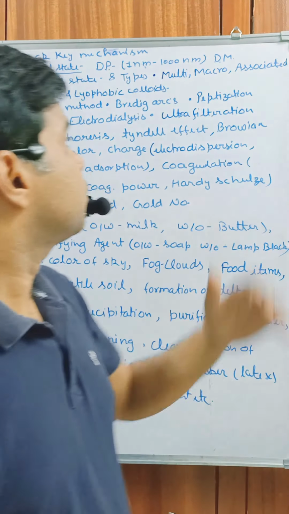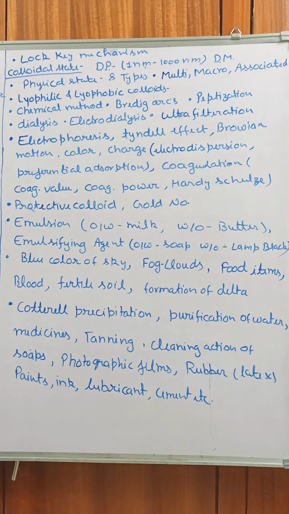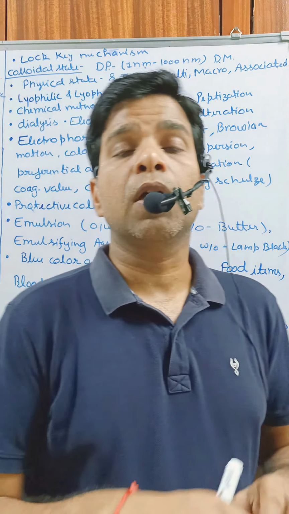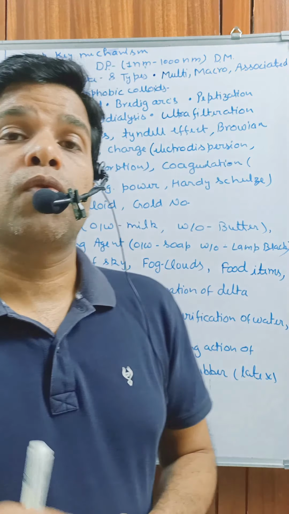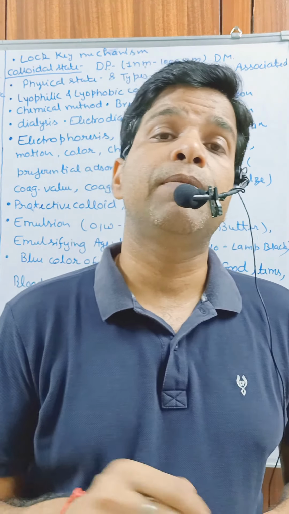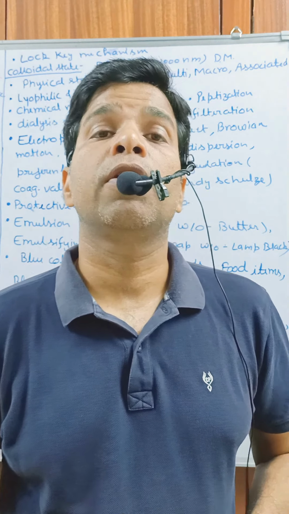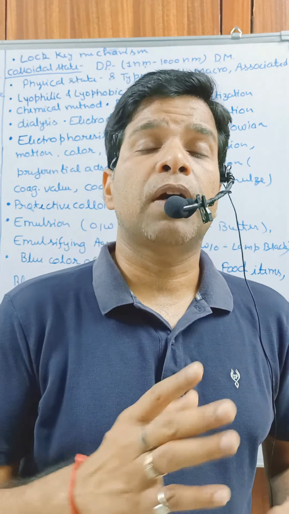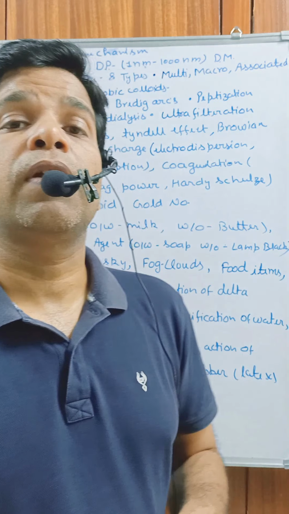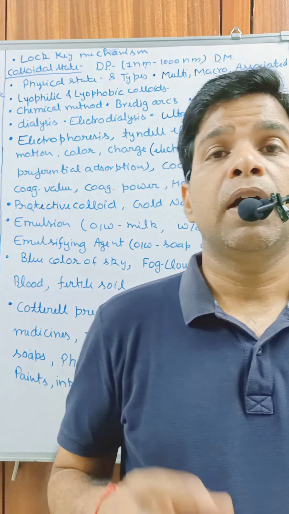Next one, we have ultrafiltration. Colloidal particles can cross a normal filter paper. So we take ultrafilter paper and dip it in a solution of nitrocellulose, called collodion, for some time. After that, we wash it with formaldehyde and it becomes dry.